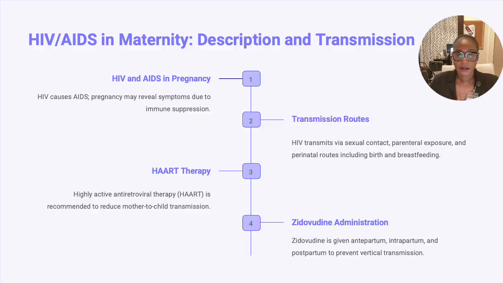And then intrapartum, they give it intravenously during labor. The zidovudine is given 1 hour before vaginal birth, and 3 hours before cesarean section if the HIV RNA is greater than or equal to 400 copies per ml, or if it's unknown.